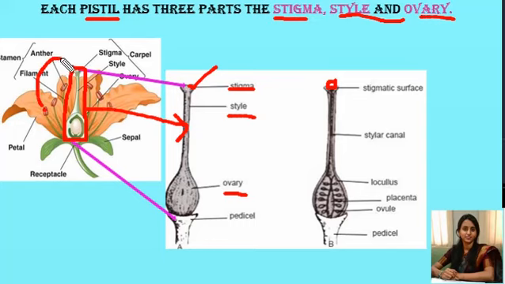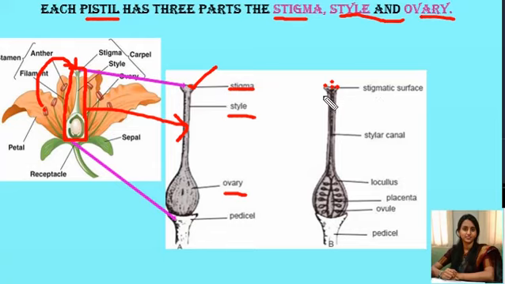The transfer of pollen grains from anther to the stigma is known as pollination. The pollen grains come and land on the stigmatic surface. Hence the stigma serves as the landing platform for the pollen grains.